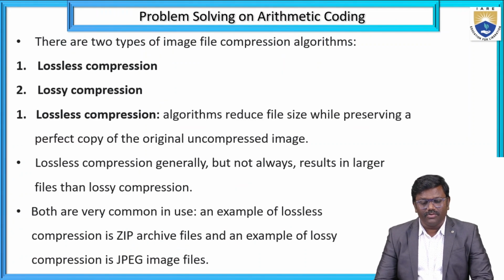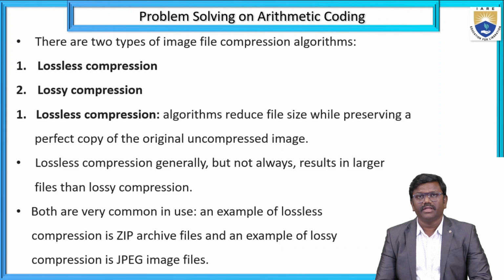There are two types of image file compression algorithms, which we already discussed. Number one, lossless compression. Number two, lossy compression. Lossless compression algorithms reduce the file size while preserving a perfect copy of the original uncompressed image.